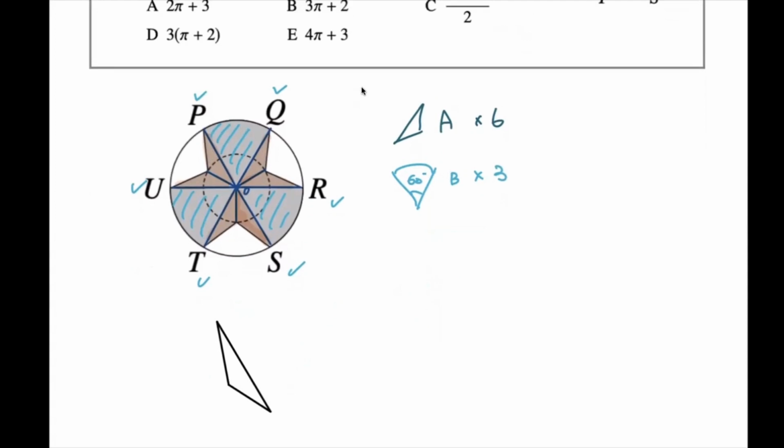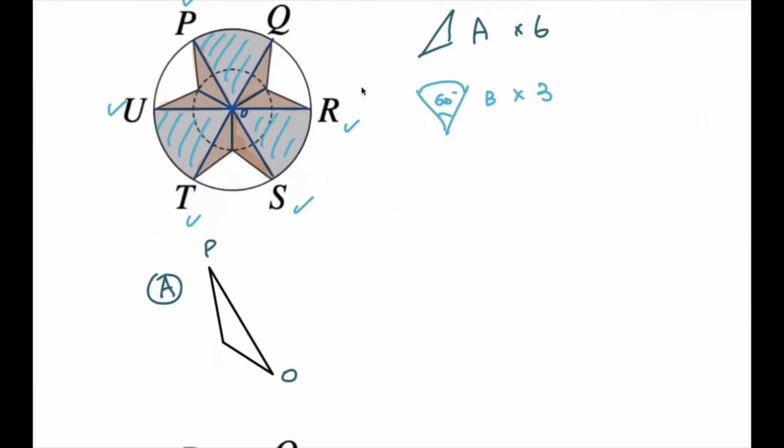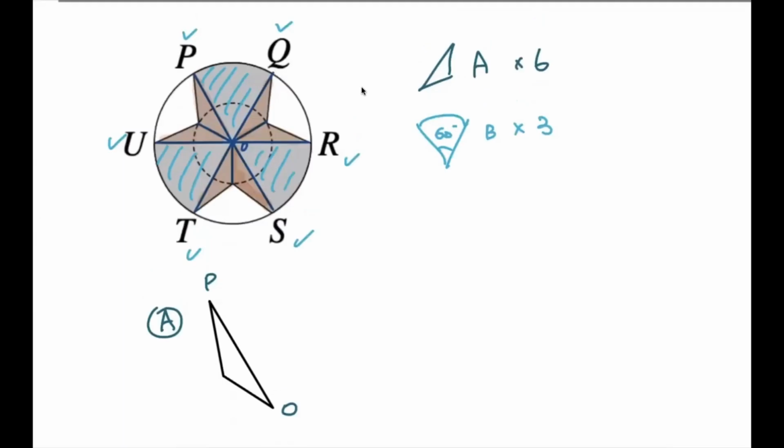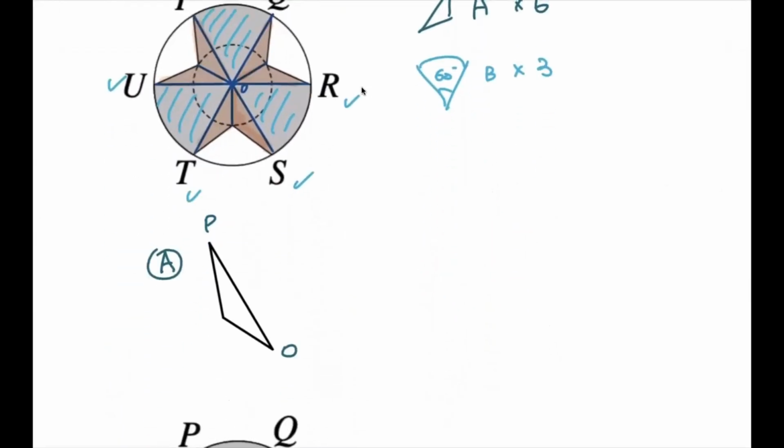So how do we get the area of A? This is A, and I've used P and O, which we already know. We know the lengths. We've been given that the radius is 2 for the bigger one, 1 for the smaller one. We know this is 2, this one's 1.